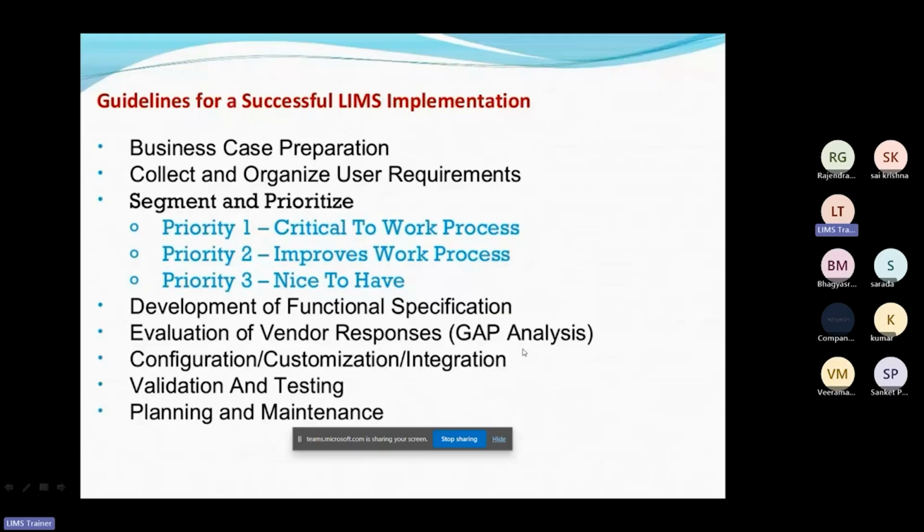We validate the designed LIMS, and we test all the parameters according to the functional specifications. Now comes planning and maintenance. When the LIMS becomes operable in the laboratory, we plan it and have to maintain it in the future. So, have you understood how to implement a LIMS software in a laboratory?